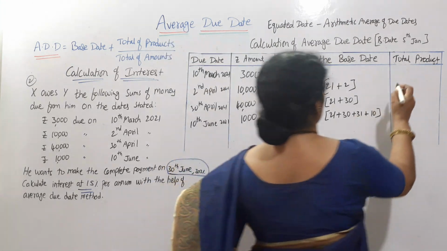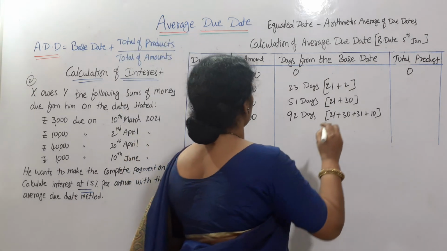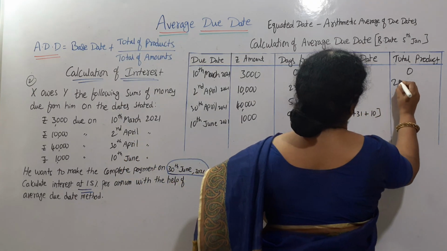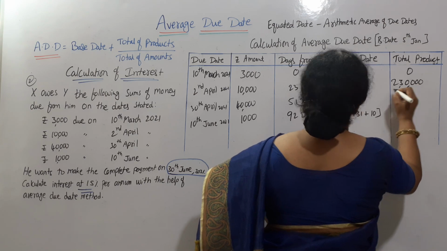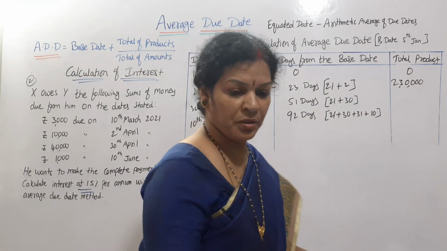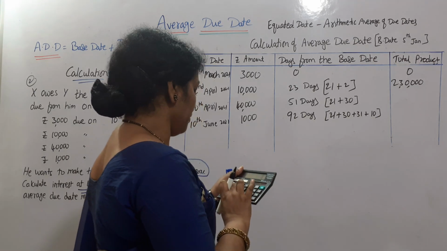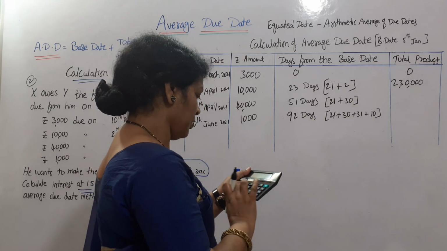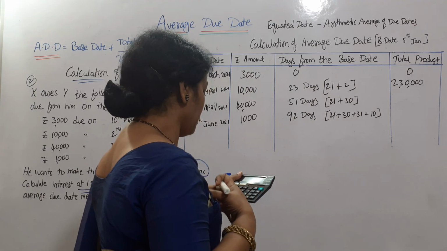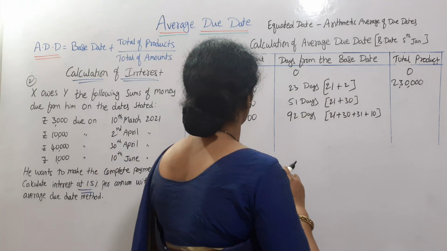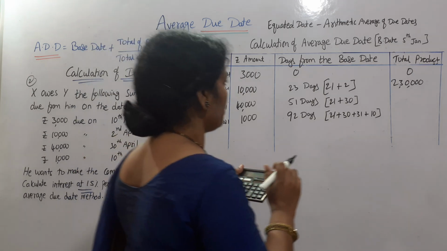After this, multiplication. First one is 0. Second one is 23 days into 10,000, which is 2,30,000. Let me use the calculator. Third one is 40,000 into 51, which comes to 20,40,000.